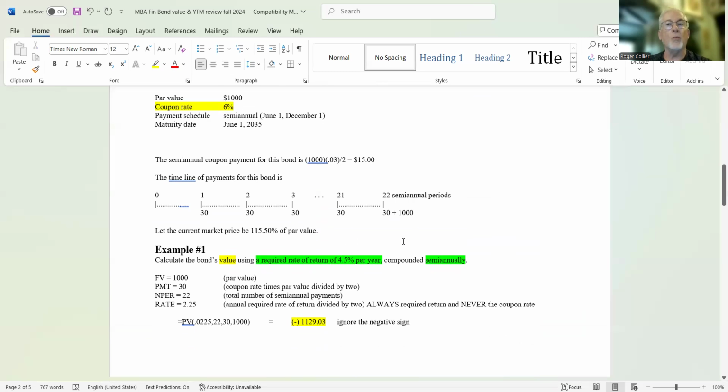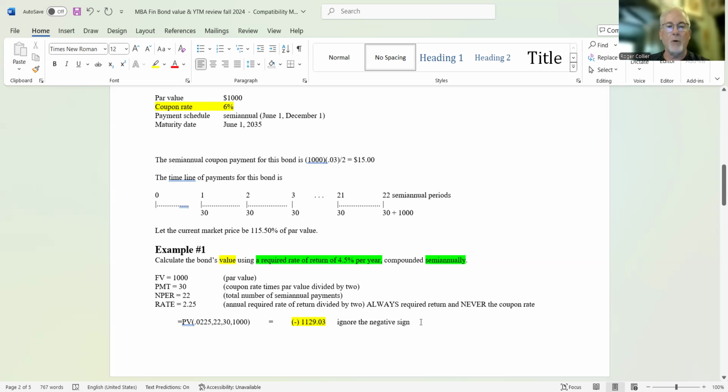Let me say that again. Our requirement is 4.5%, but this bond is paying us 6%. It's paying us more than we require. That makes the bond more valuable and pushes the value up. Now we're talking value and not price. But because this bond is paying us 6%, which is more than we require, the value is greater than par.